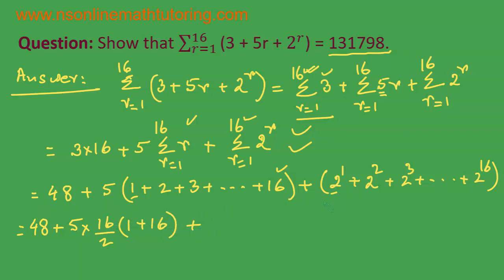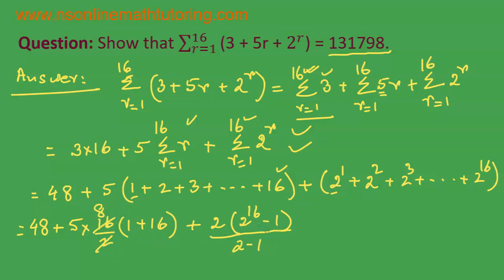Plus this one is a geometric series, and the formula will be: u1, that is 2, and common ratio r is equal to 2. So it is 2 to the power of n, which is 2 to the power of 16 minus 1 over 2 minus 1. And 2 minus 1 will be equal to 1 definitely, and this will be equal to 8.